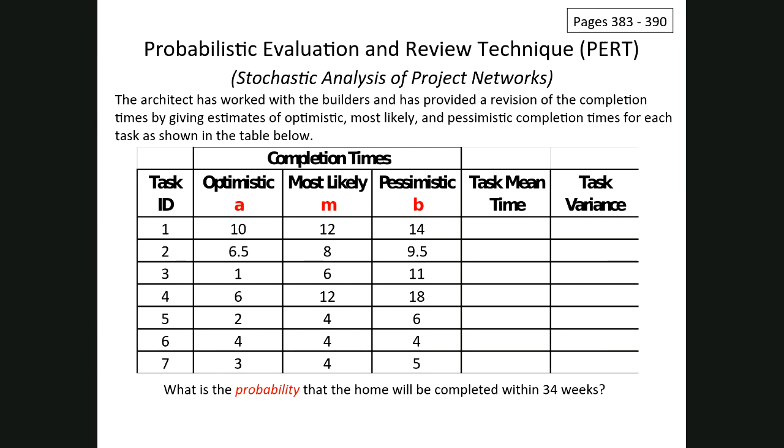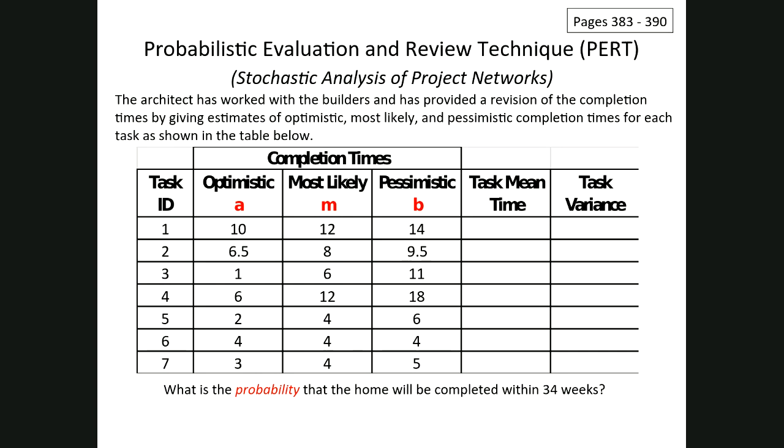So now, in order to get a grasp of how things are going to work, we have to compute using these values. We have to compute the task mean, average. Again, you'll remember the term mean, and it means the same thing as average. It's just another word for average. And we need to calculate the task variance.